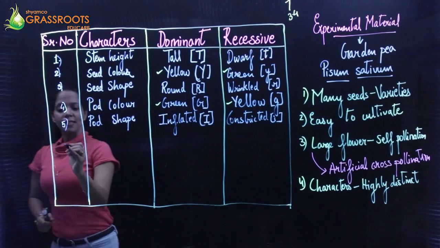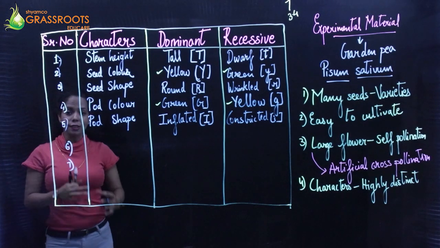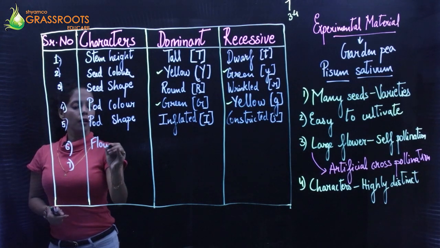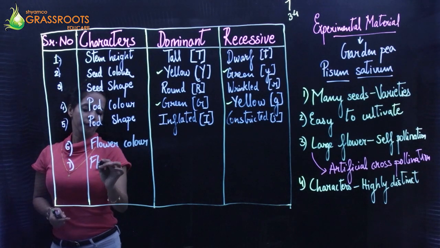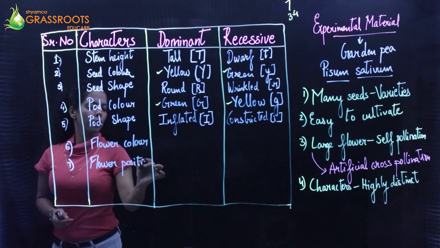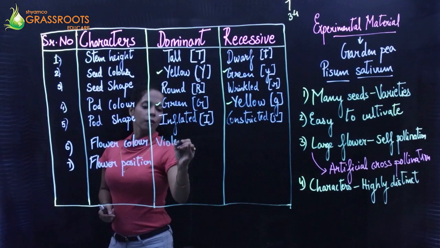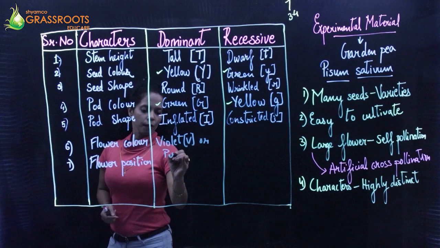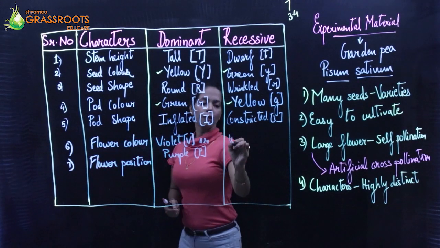Now the next is 6th and 7th. Fine. I will also tell you which character was not studied by Mendel. 6th and 7th are flower color and flower position. Speaking about flower color, in case of dominancy, it can be either violet, indicated by capital V, or purple, indicated by capital P. But the recessive character will be only white.